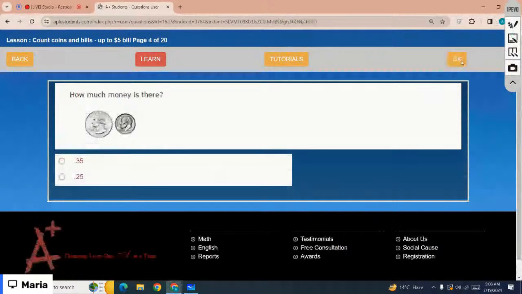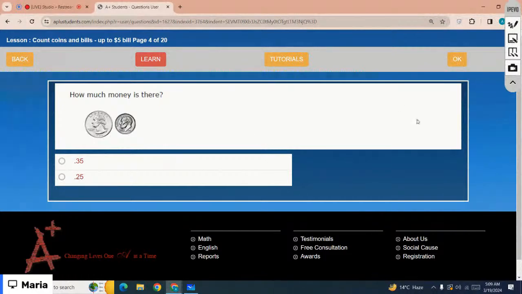How much money is there? Which is the correct option? Which option is the correct one? The correct option is yes, 35 cents.